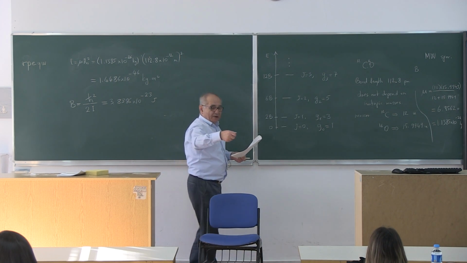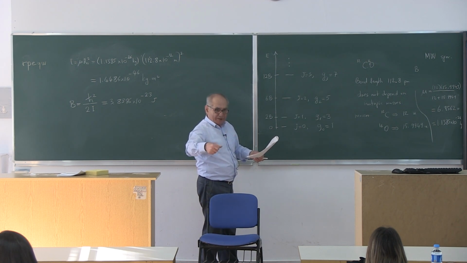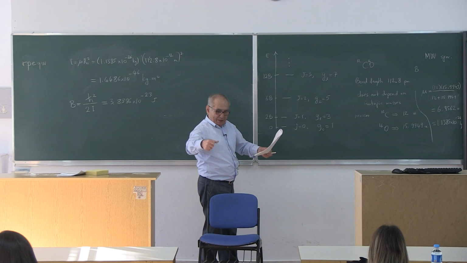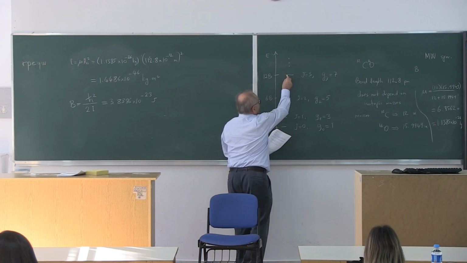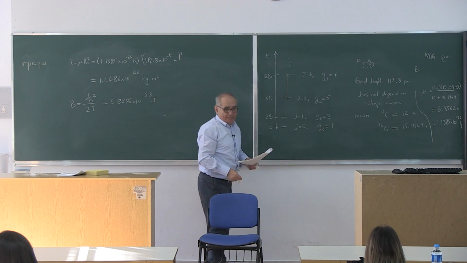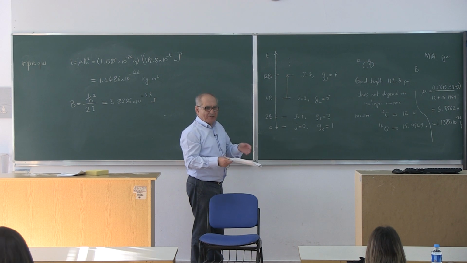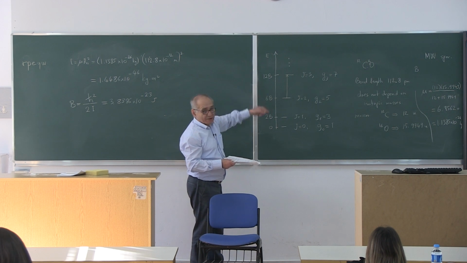Then the sample is exposed to microwave radiation, light in the microwave region, and that molecule initially in the J equals 2 level makes a transition to J equals 3 level. And the question is, what is the wavelength of the photon required, which will cause such a transition?